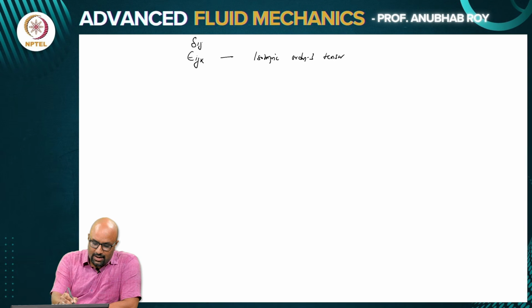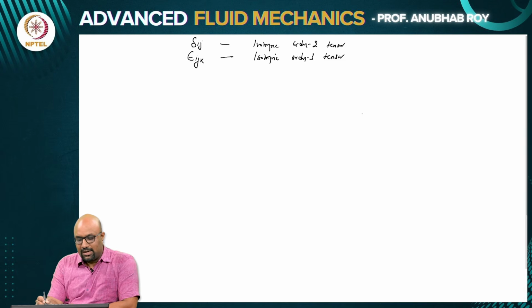So, we had delta ij as the isotropic order 2 tensor, and epsilon ijk is the isotropic order 3 tensor, and we know there are no order 1 or vectors which are isotropic other than the null vector.